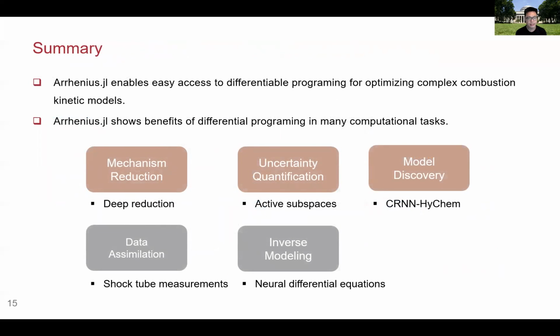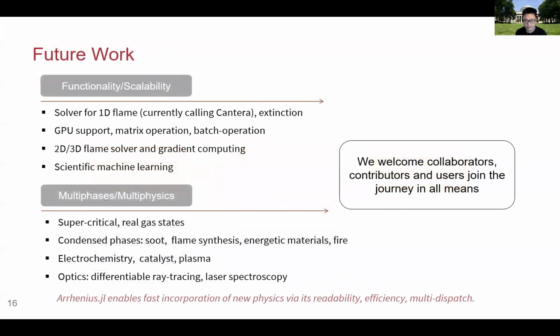In summary, we have shown this package can enable users to access differential programming for optimizing complex combustion kinetic models, and it shows benefits in many different computational tasks. This is the beginning of the exploration, and there's a lot of other potential on the way.